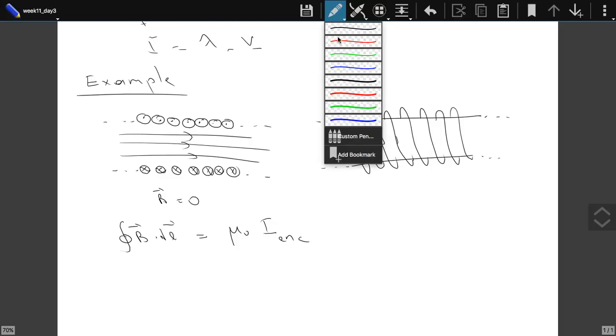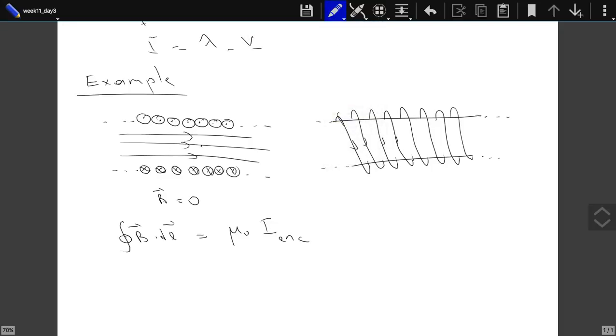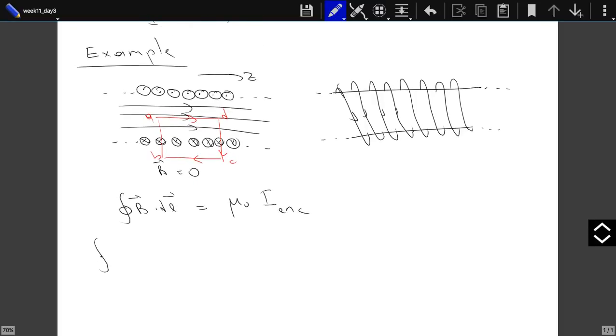So we can take such a loop, let's say A, B, C, and D. Let's go around the loop in the clockwise sense. Let's choose the horizontal axis to be our z-axis.